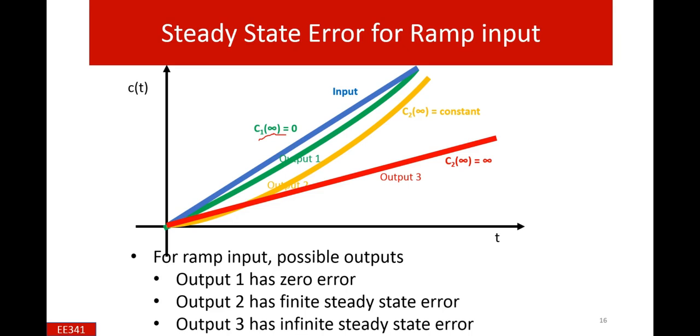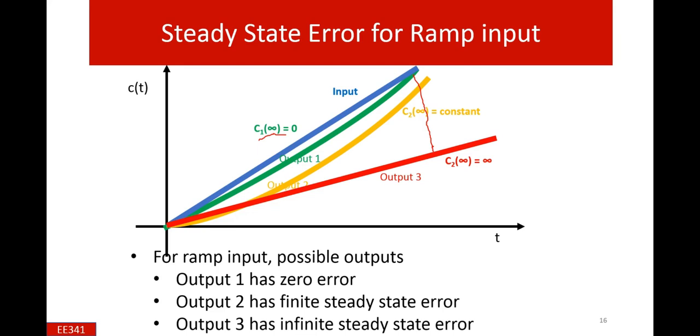And similarly, the third output is increasing, as we observed after the transient behavior, as well as at time equal to infinity. Even in steady state, this difference is increasing. For example, if we observe the vertical line here at any time, then this difference is increasing.